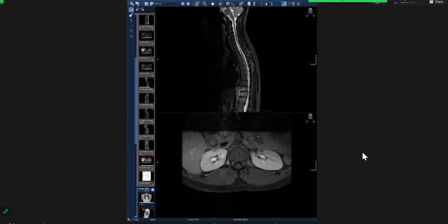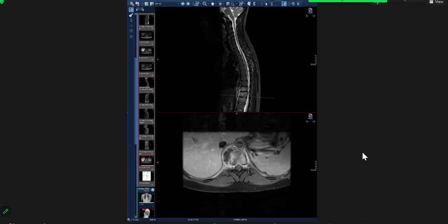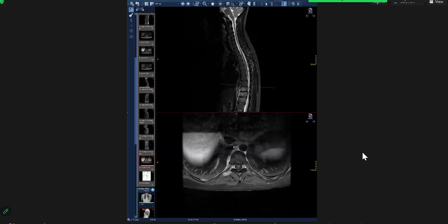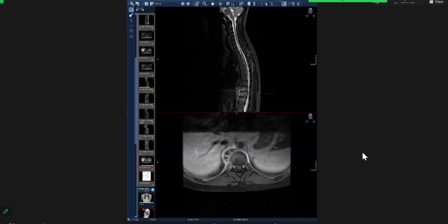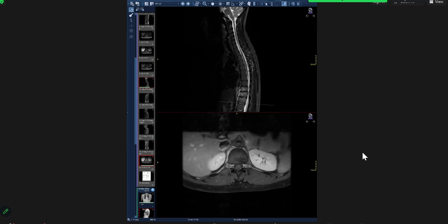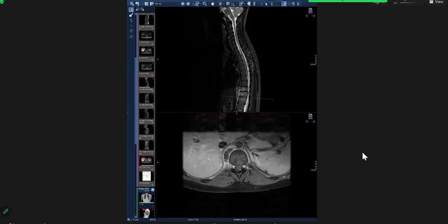Okay, so I can see a peripherally enhancing collection along the right paravertebral region of the D9 and D10 vertebral bodies, and there are subtle changes. I can see edema. Yeah, there are rib erosions also, confirming my findings of the tuberculous spine along with right paravertebral abscess.